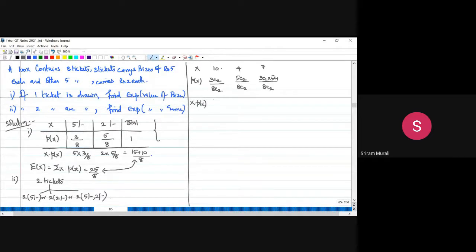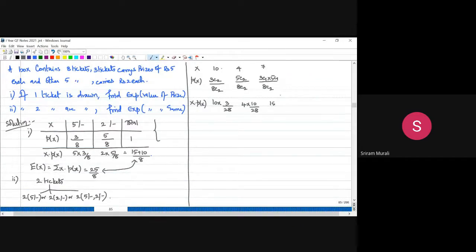Now what is the expected value? It will be 10 into, what is 8C2? 8C2 is 28. So 3C2 means it is 3 by 28. Then 4 into 10 by 28, because 5C2 is 10.